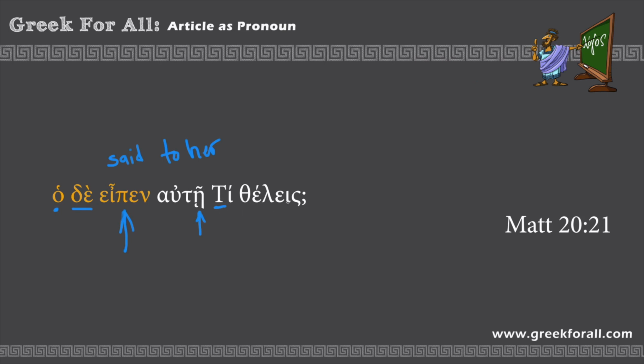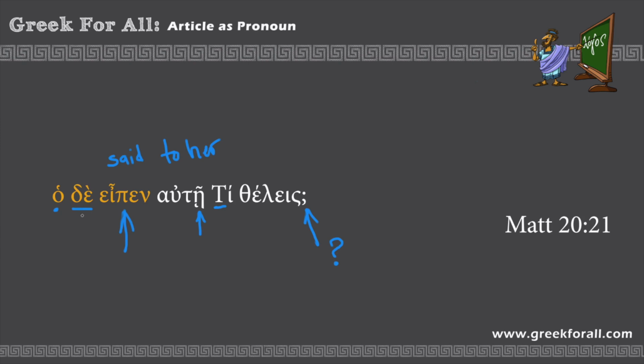And then we have the word theleis, from thelo, I want. We have the semicolon, which means that this is a question mark. So this sentence is a question. We translate it as what you want, but because it's a question, we need to make it a question in English. What do you want? So this is what the direct speech says.